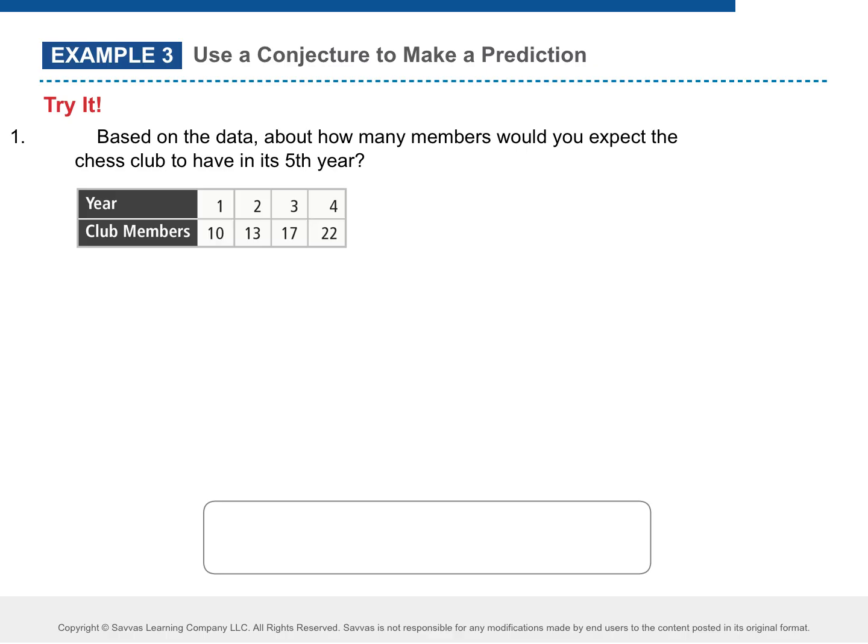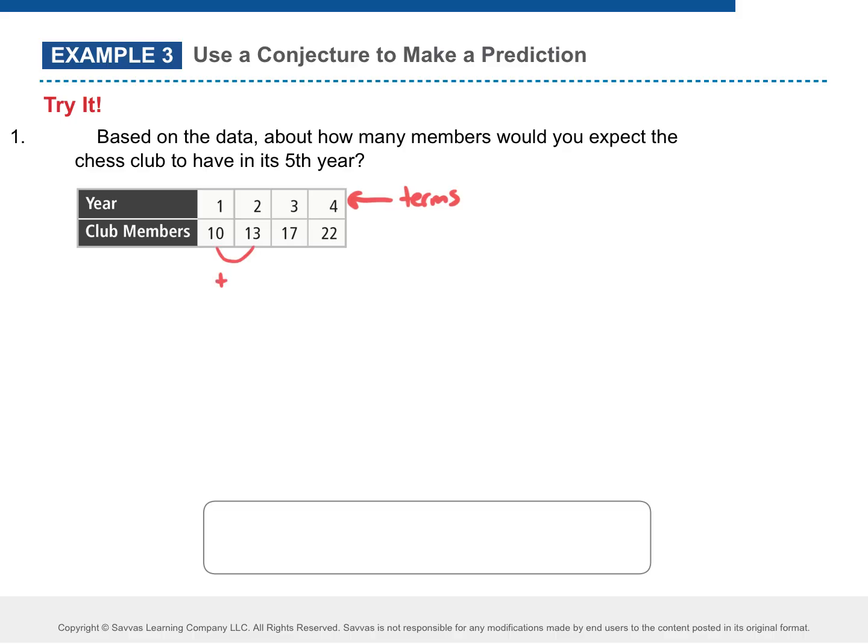Sometimes you will see your sequences in a table. What I want you to understand in this table in your notes is that the year, those are technically the terms we're comparing, and the club members, that's the number of each term. So to find our conjecture, are we comparing the year or the club members? Club members. So what's happening between 10 and 13?